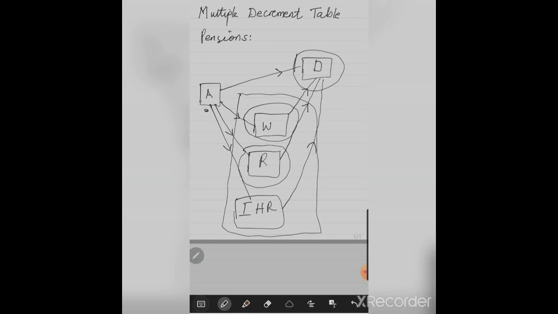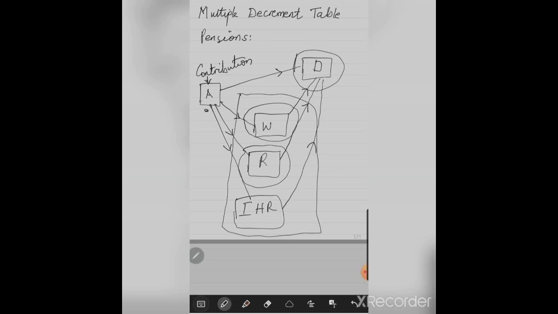So in any of these states, the retirement benefit or some benefit will come in a traditional pension scheme. The contributions to the scheme can keep continuing until the person is in an active state, and the moment he moves from the active state to, say, the death state, there is some kind of possibility.